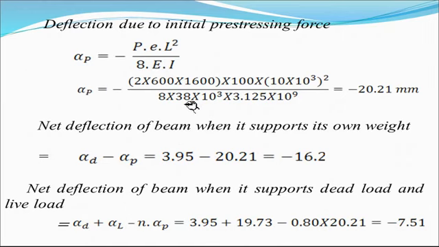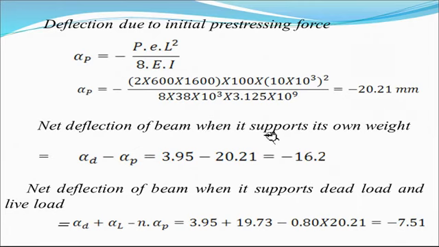E is the modulus of elasticity of concrete, that's why it is 38 into I, that is BD cubed by 12, 3.125 times 10 to the power 9. So alpha P is equal to minus 20.21, because the direction of the deflection is upward.